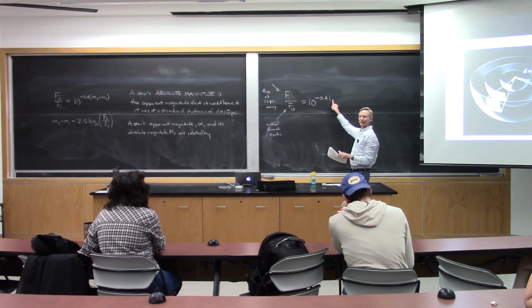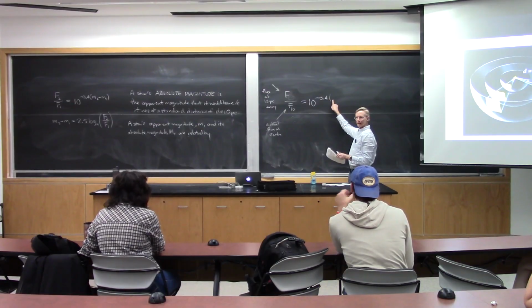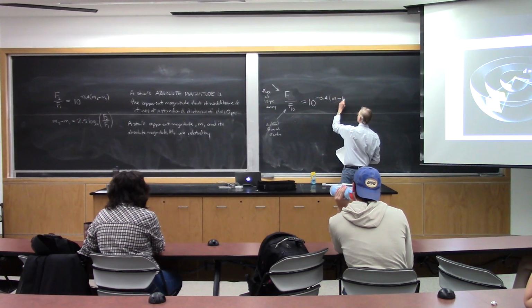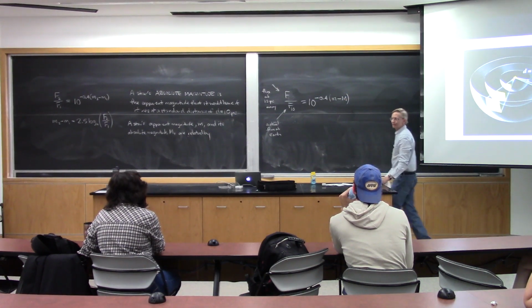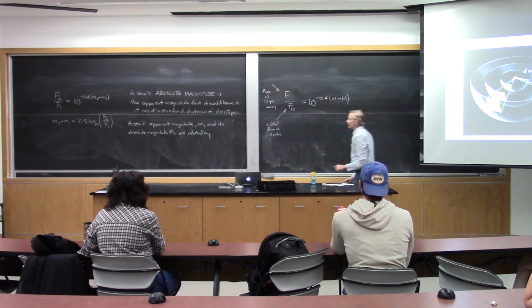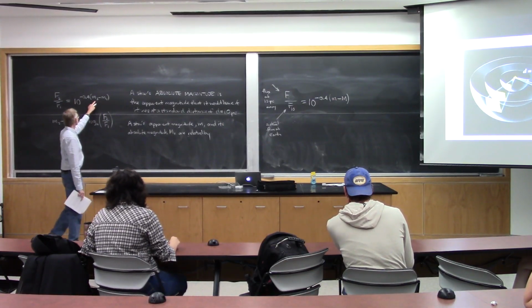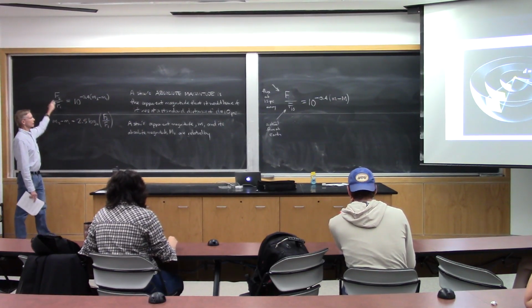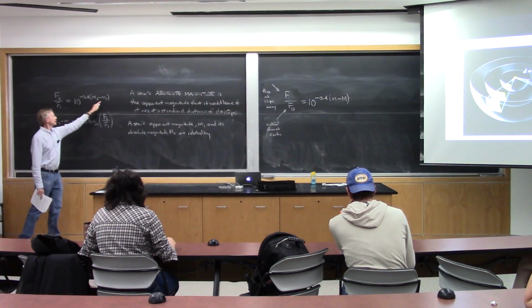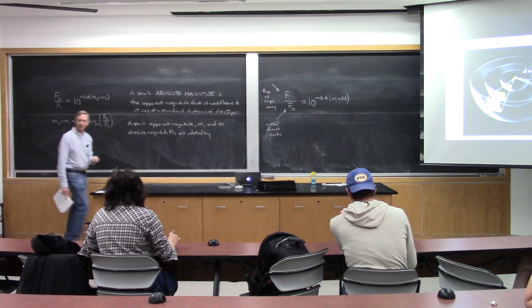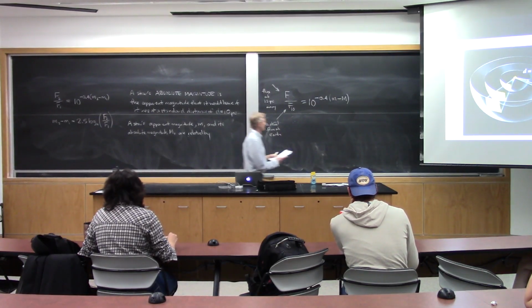Is this little m or big M? It's little m, right, because I've got it in the same order. Little m minus big M. So I'm letting little m play the role of M2 here, the one on the top, and big M is playing the role of M1, the one on the bottom.